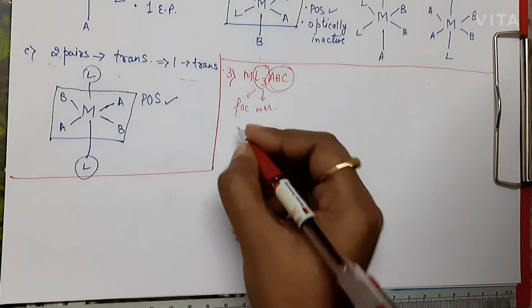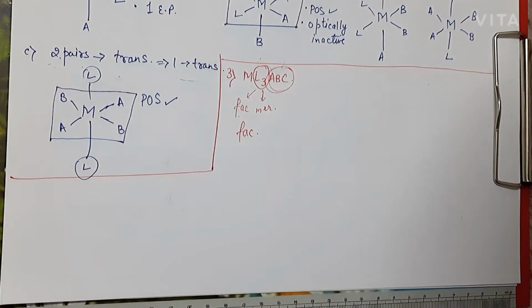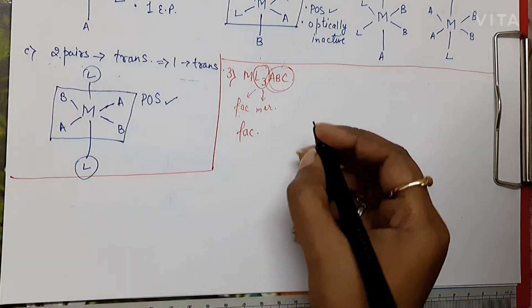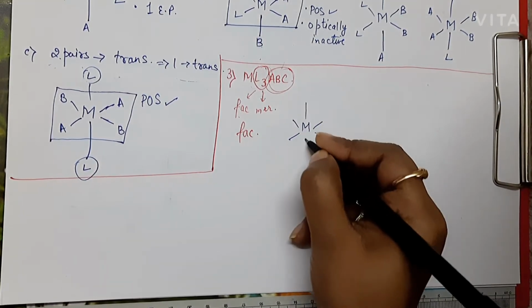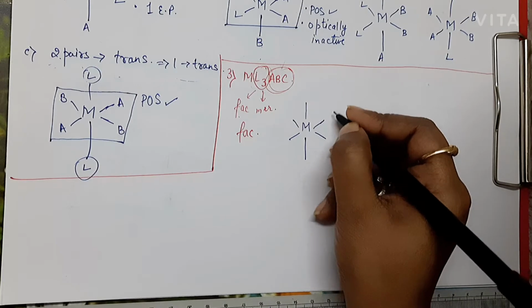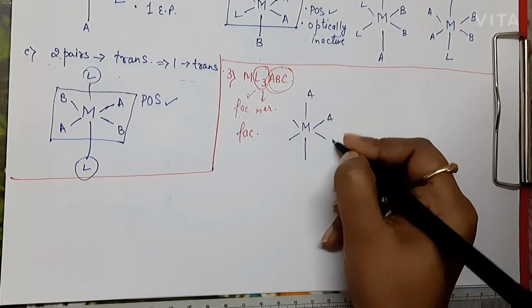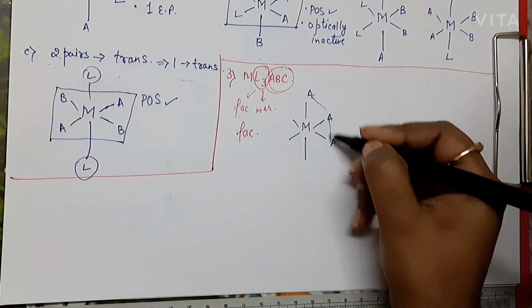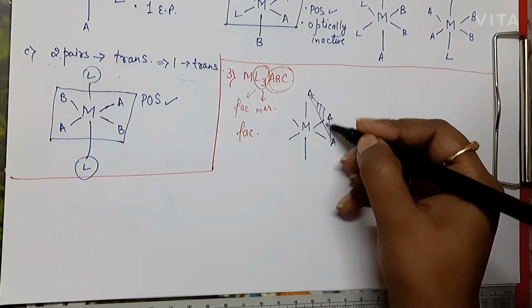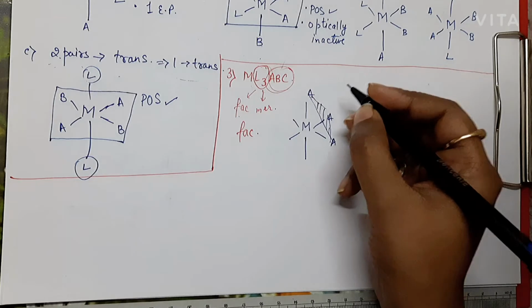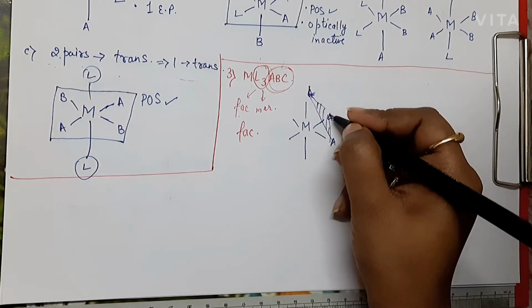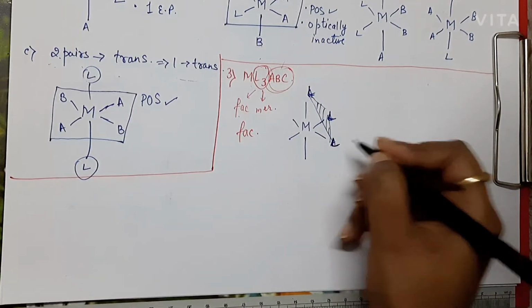So first we'll form the fac isomer. For the fac isomer, we will be having these three positions. Actually they form a triangular face, that is why they're called facial. Instead of A we are having L, so here we are having 3L.